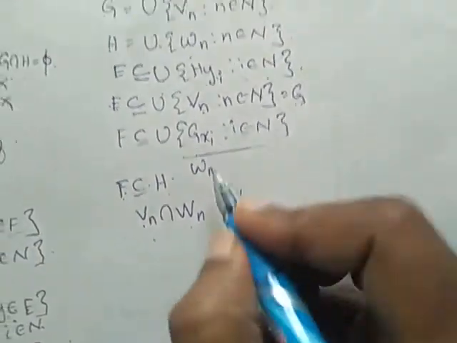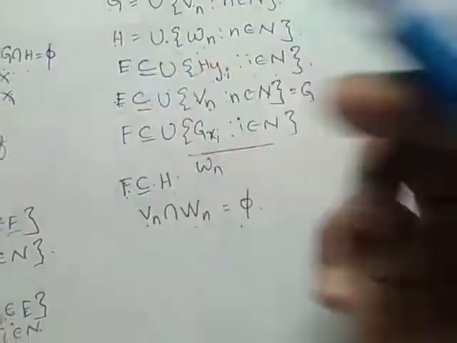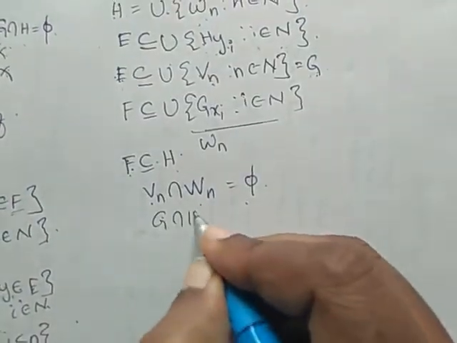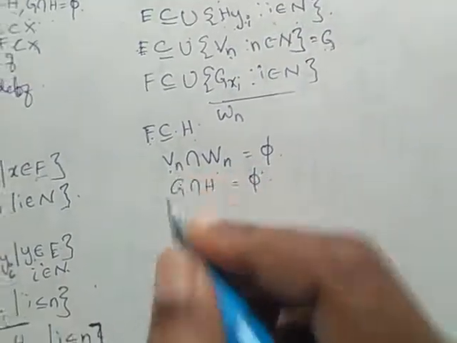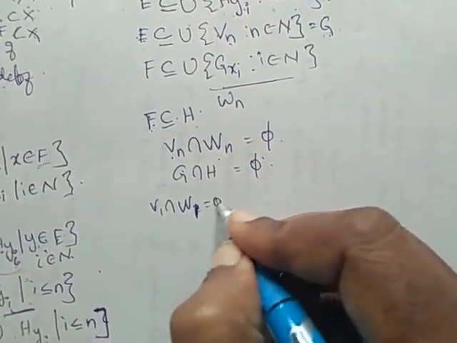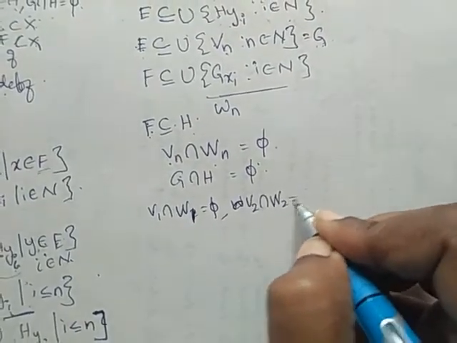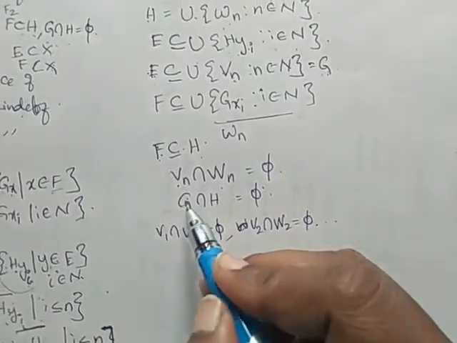This implies Vn intersection Wn is the null set means G intersection H is also the null set. See, V1 intersection W1 is the null set, V2 intersection W2 is the null set, etc. What is G?